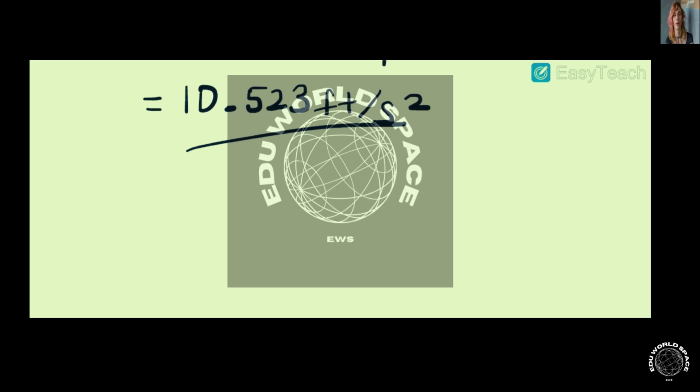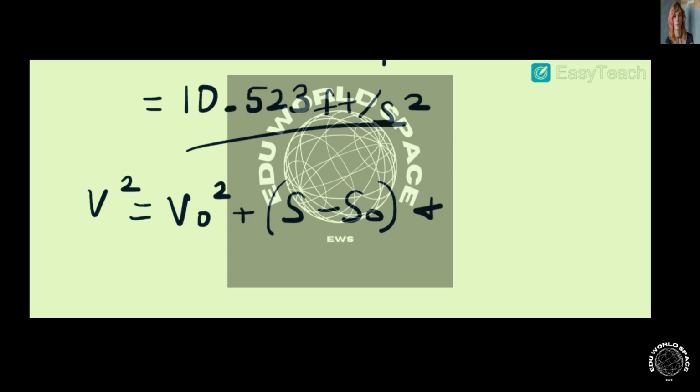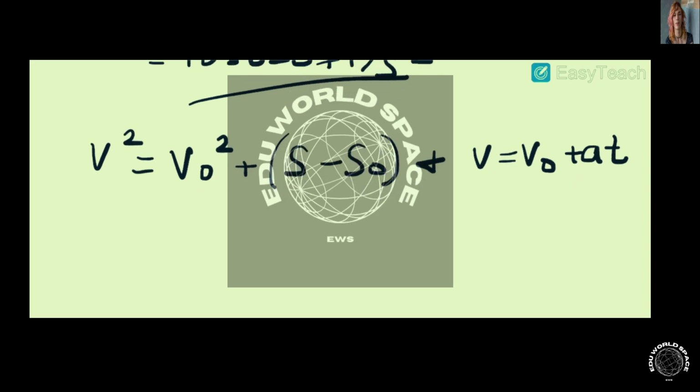We can say that v squared equals v naught squared plus 2a times the total distance minus the initial position. We also know that velocity is equal to the initial velocity plus acceleration times time. We can use these two equations to solve for our velocity at B, at which the hill ends.